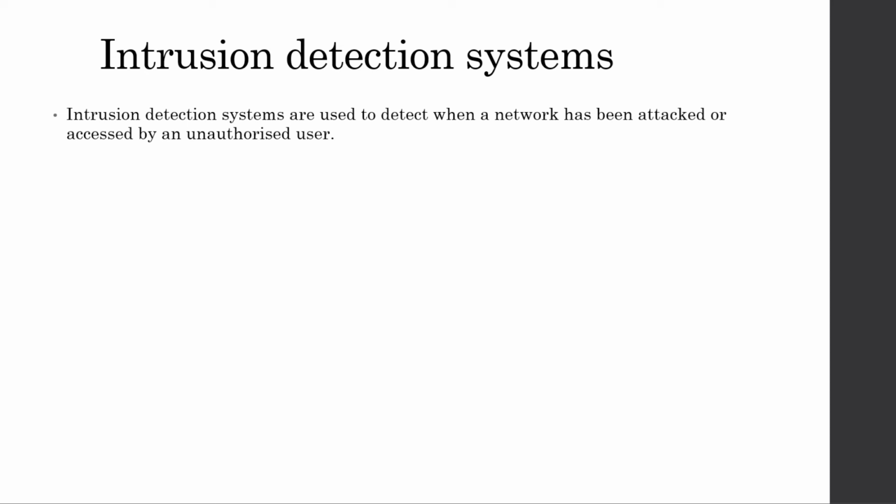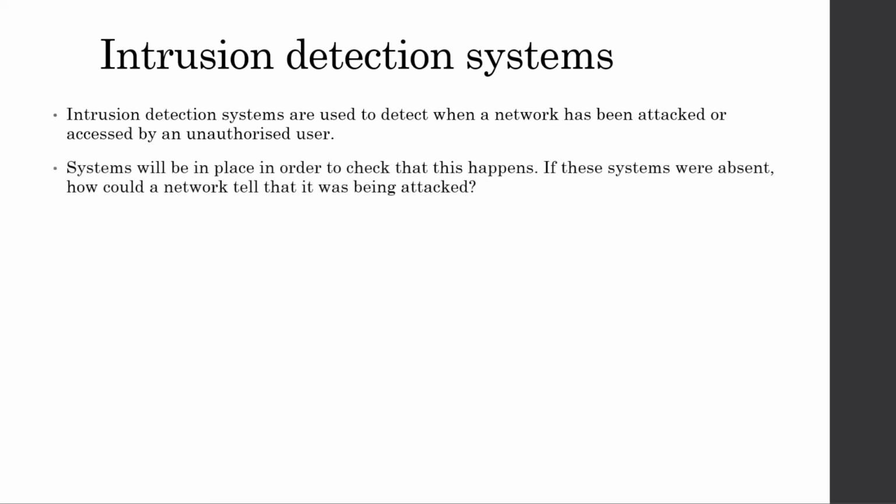I'm only going to quickly go over intrusion detection systems because I'll go over this in more detail next week, because these go up on Monday, so it'll be the Monday after. Essentially, intrusion detection systems, as I've already mentioned, are just for detecting if your network is currently being attacked.